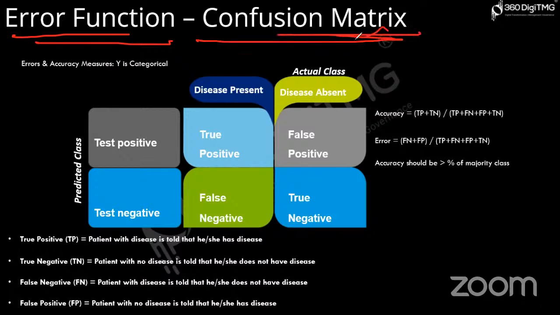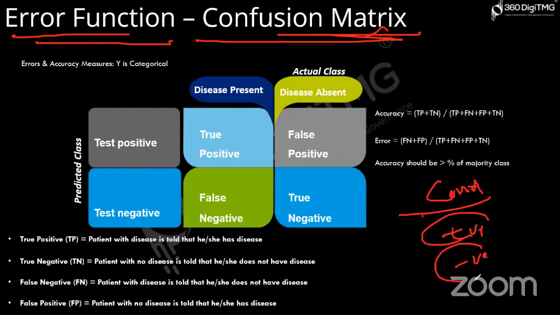Error function when it comes to classification case, we have the confusion matrix. What exactly is the confusion matrix? It is just a matrix. It will show you how many classes the output label column has. Let's say, in COVID output, we have positive and negative. Only two outputs.